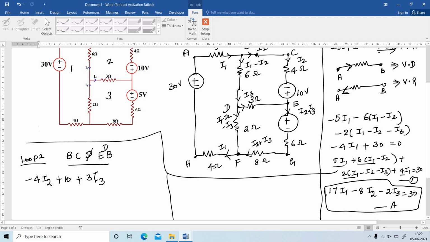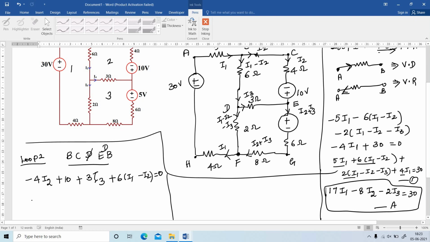And next, see here also, the loop direction is from D to B, but the branch direction is B to D. Again voltage rise, 6 into I1 minus I2, equal to 0.